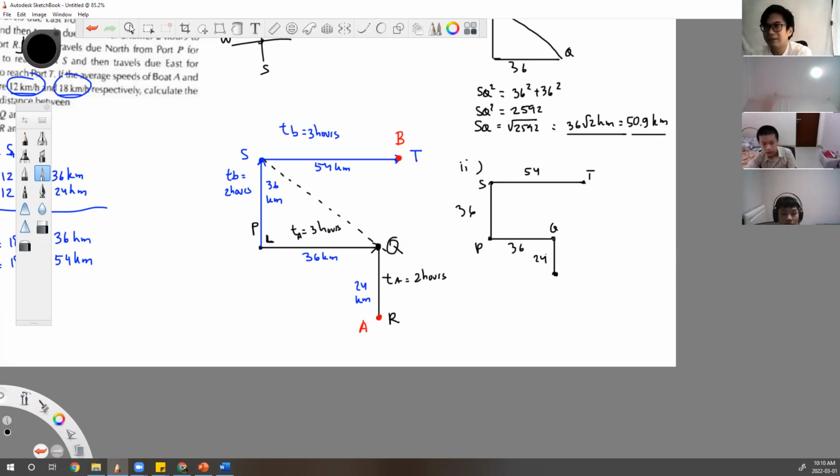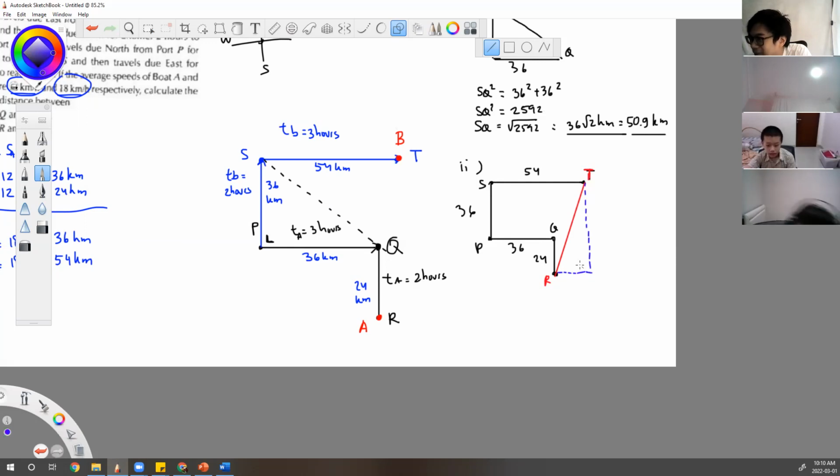And then the question is asking me for this T and R. Draw a straight line. How do you draw this? Okay, we need the help. This is more challenging. We need the help of this right angle triangle, right? But how do you calculate T to the bottom?